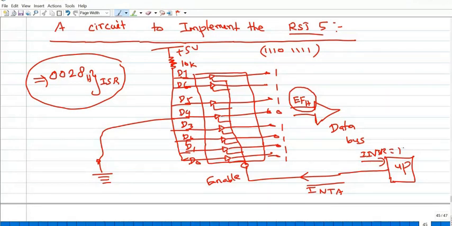When this INTR line is high, the processor disables the internal flip-flop and sends an active low signal on this particular pin, that is INTA complement. If it is 0, so 0 complement is 1, then it enables all these tri-state buffers. Say for example, INTA complement as well as the external hardware insert the RST 5 instruction in the microprocessor. Then what about the circuit connection of the internal tri-state buffer?